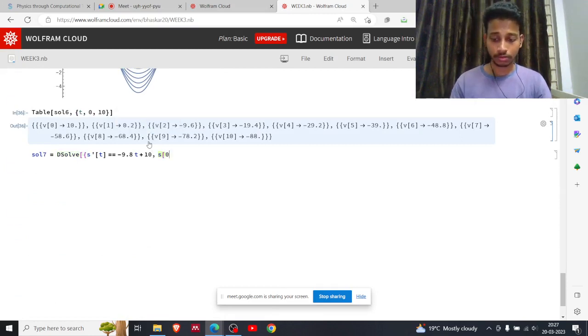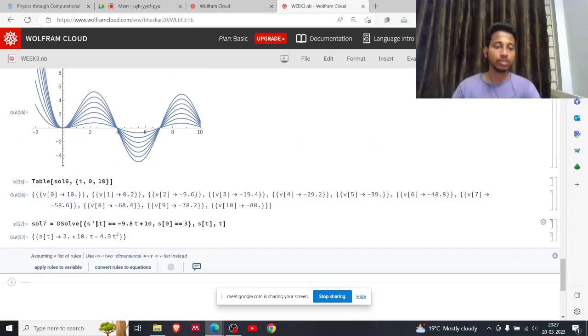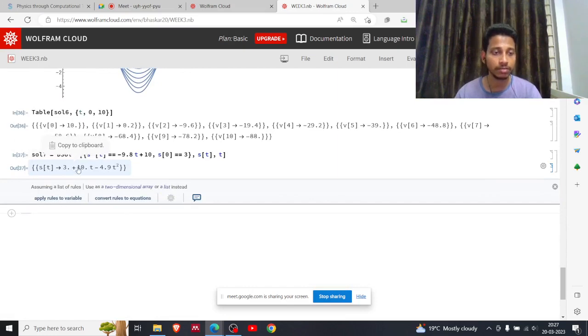Now s of 0 equal to 3, s of t. So this is the equation for s(t), that is 3 plus 10t minus 4.9 t square.